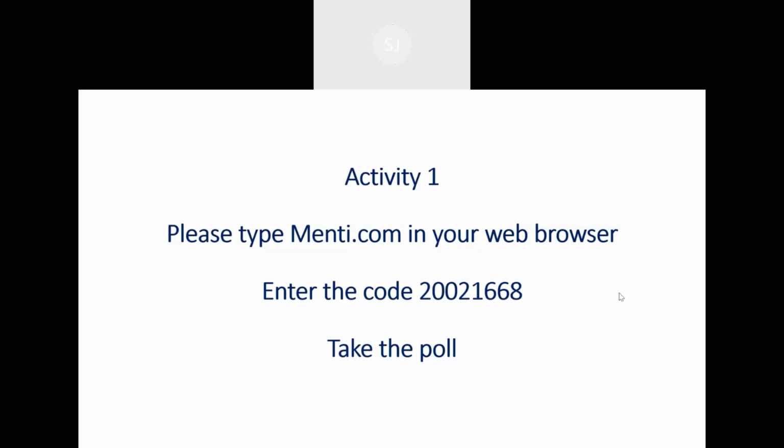So once again, I repeat, please type menti.com in your web browser and it will ask for a code. The code will be 20021668 and take the poll. For this, we have 2 minutes. I'll be sharing the result of the same. So I'm stopping this screen and I'll go to the screen which I have to share.